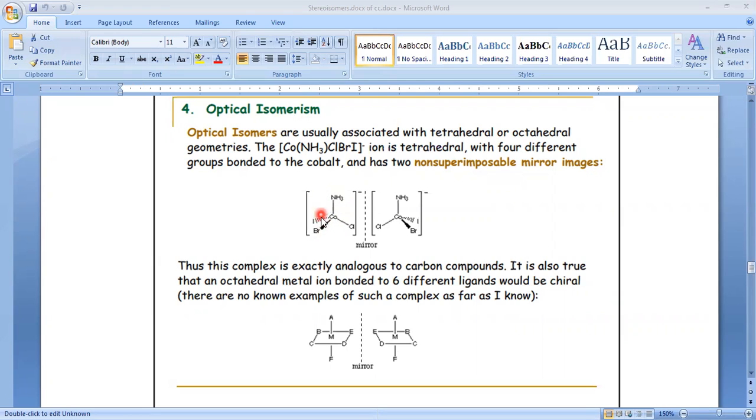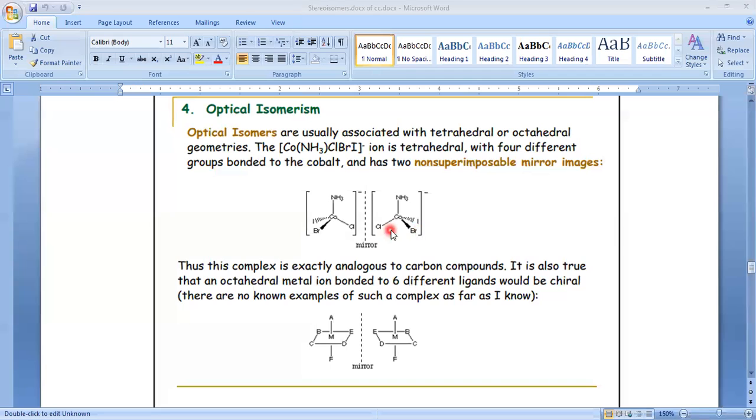In the first optical isomer, the bonds above the plane and below the plane are shown towards the left hand side, and this is a mirror image. Optical enantiomers mean non-superimposable mirror images. If you take the mirror image of this, the two bonds oriented on the left hand side in the first compound change to the right hand side.